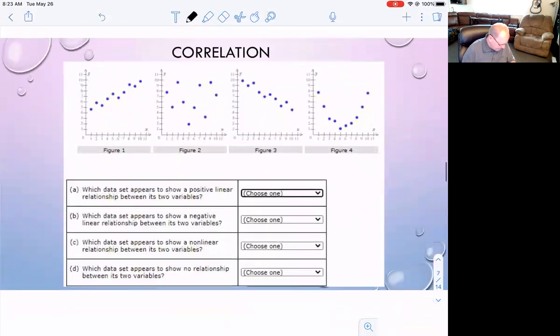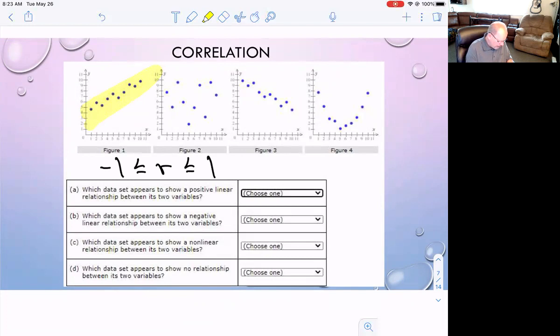Okay, so let's talk about correlation. We have what's called the correlation coefficient, R, which is always going to be between -1 and 1. So going out from 0, if it's a positive correlation, the closer the points get to being in a straight line, the closer to 1 we get.